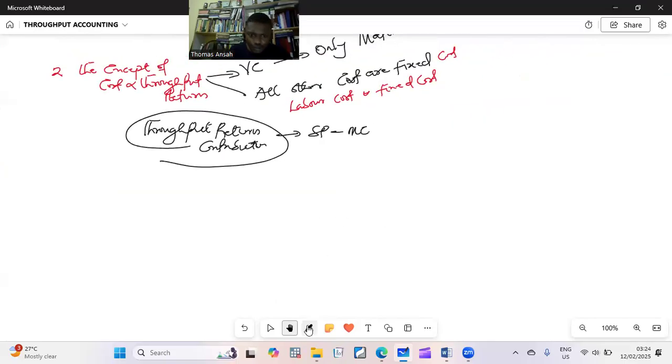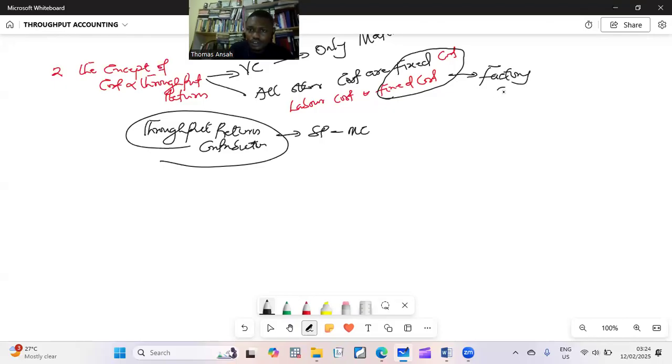Now, these fixed costs, sometimes the examiner refers to as factory cost. So be careful, it's the same thing. So since you know throughput return, sometimes you can be asked to find contribution per throughput return, and we will get there.